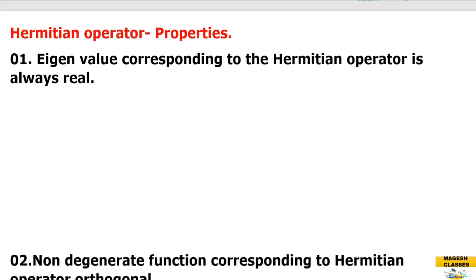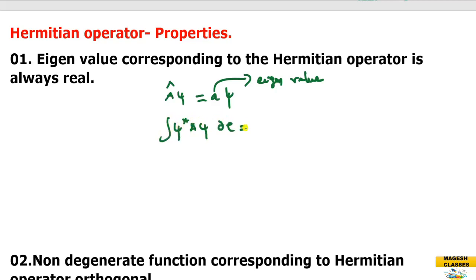Let us prove it. Say for one operator A, the eigenvalue is a. So this is the eigenvalue; eigenvalue and eigenfunction in detail we will discuss later. If A is Hermitian, what will we write? Now put the value of this one.